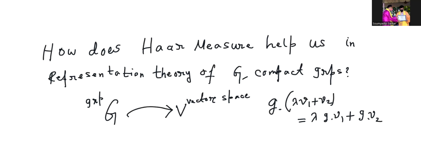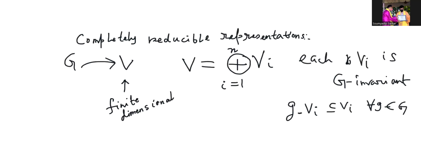So there is an important thing called a completely reducible representation. So what are completely reducible representations? If your V can be written as a direct sum of subspaces, each of which is G invariant. That is, V can be written as a direct sum of the Vi's where each Vi is G invariant.